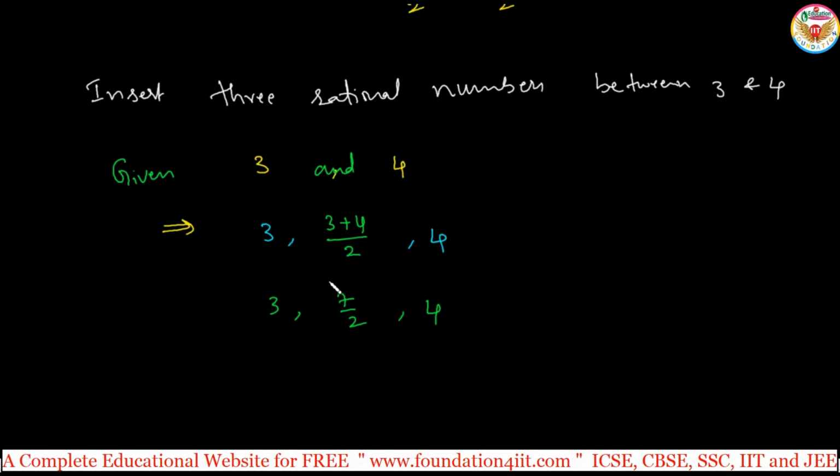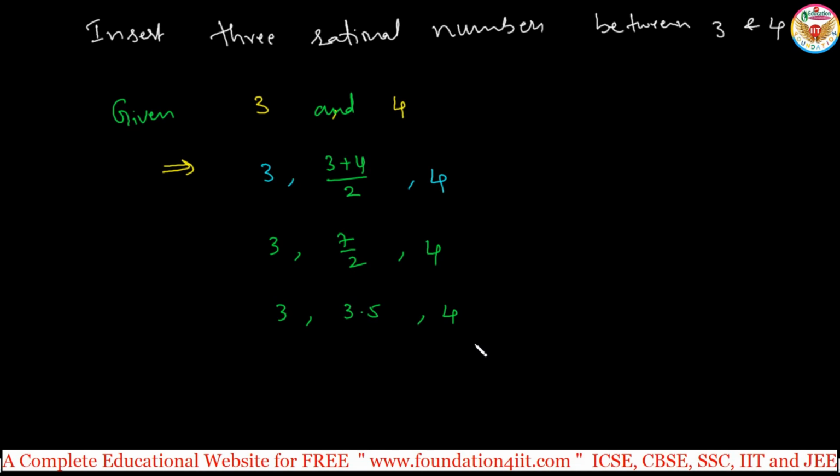So 7 by 2 is one number we got till now. So 3, 7 by 2 which is 3.5 in decimal form, 4. Now we need to insert a total of 3 rational numbers, and so far we have only one, 3.5. Again the first one, 3, and the last one, 4, stay as they are.